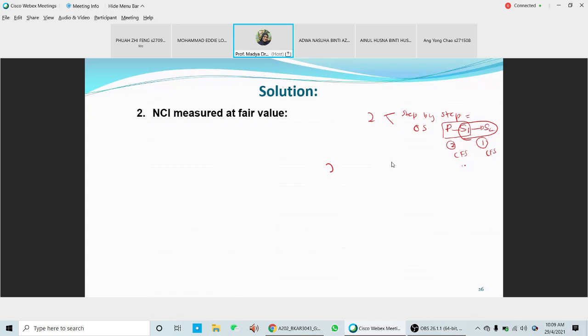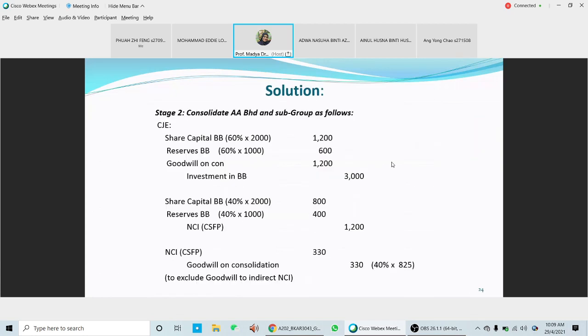For step by step, we have two methods. We need to look at whether the NCI is measured at fair value or at the proportionate net assets. Once we use the proportionate net assets, we need an extra adjustment here: we need to exclude the goodwill for NCI.